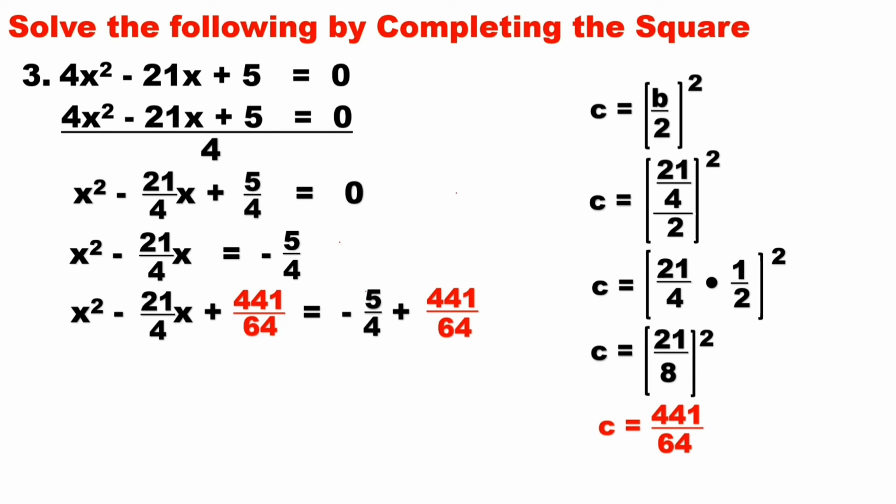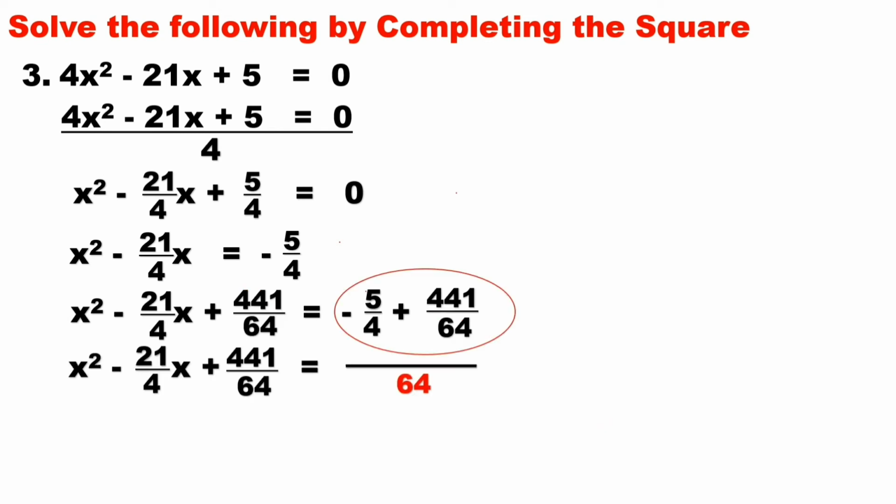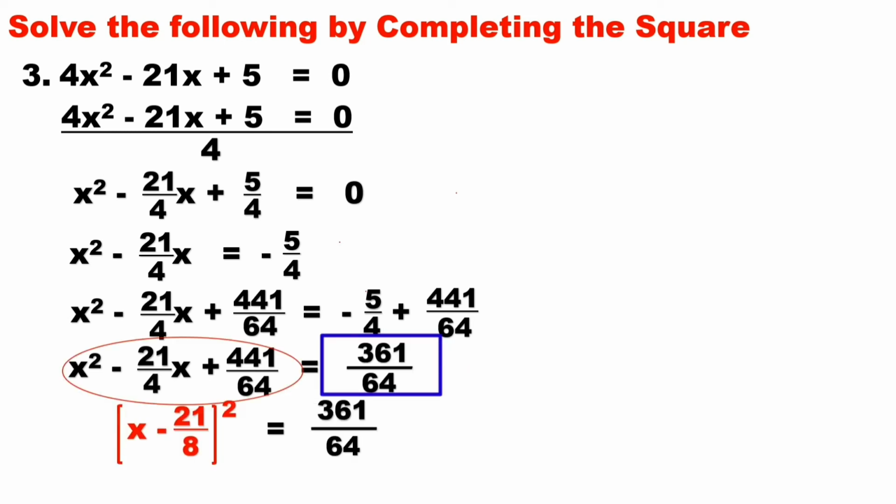Since the right side are two different fractions, we will solve this using 64 as LCD. 64 divided by 4 is 16 times negative 5 equals negative 80. 64 divided by 64 equals 1 times 441 equals 441. Simplify the numerator. Negative 80 plus 441 equals 361 over 64.